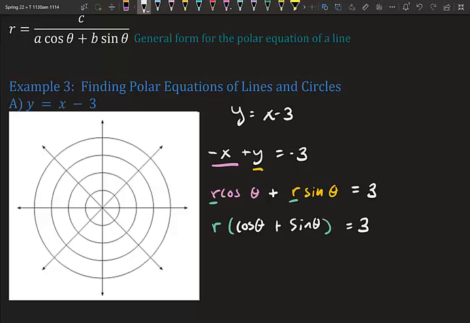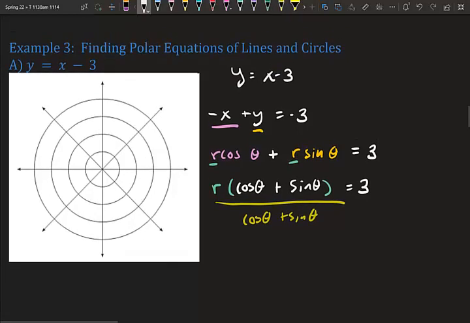And then solve for r. So to solve for r, we're going to divide by negative cosine theta plus sine theta. So we get r equals negative 3 over negative cosine theta plus sine theta.